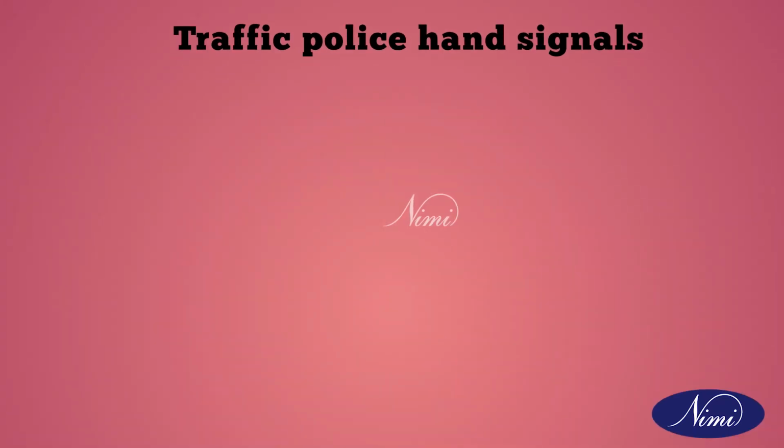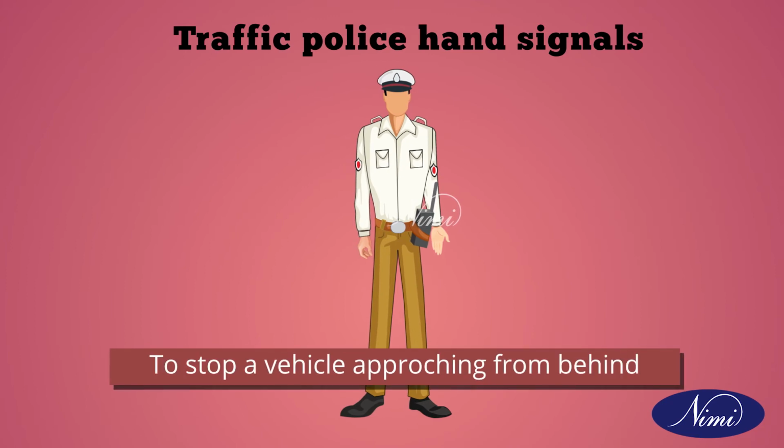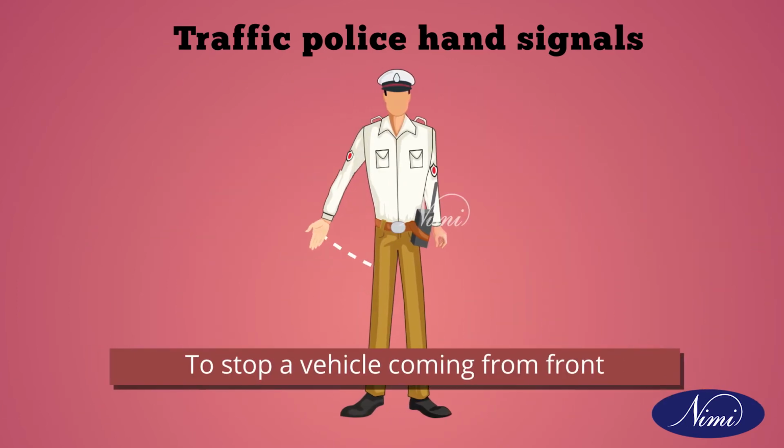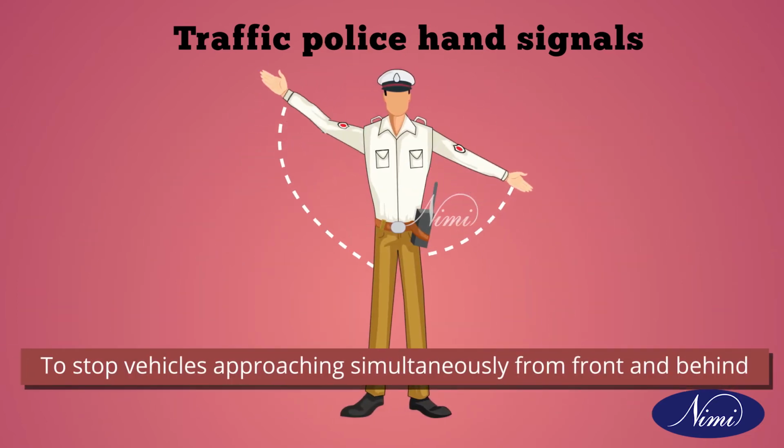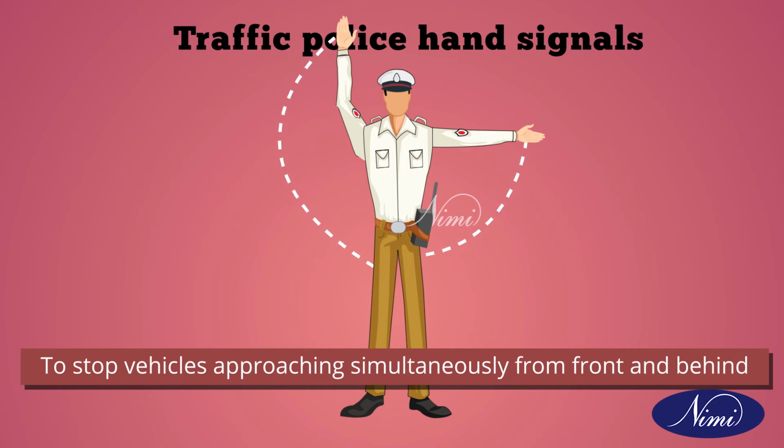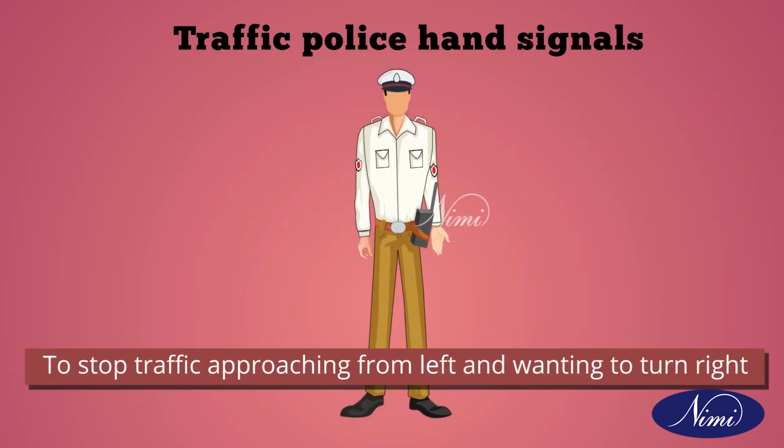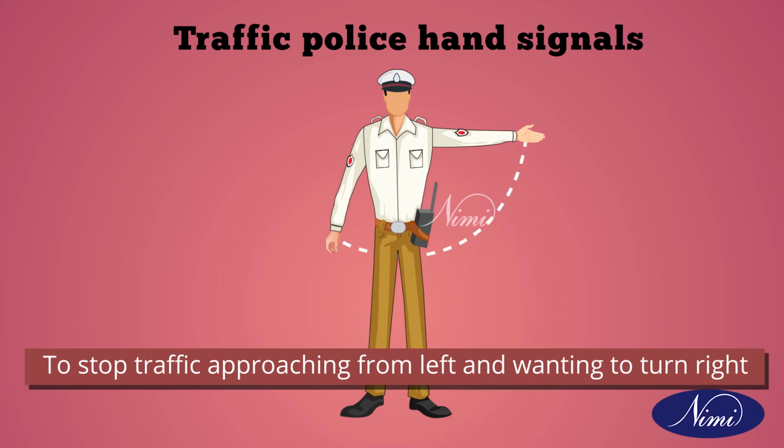Traffic police hand signals. This hand signal is used to stop a vehicle approaching from behind, and this signal is used to stop a vehicle coming from front. This hand signal is to stop vehicles approaching simultaneously from front and behind. And this is used to stop traffic approaching from left and wanting to turn right.